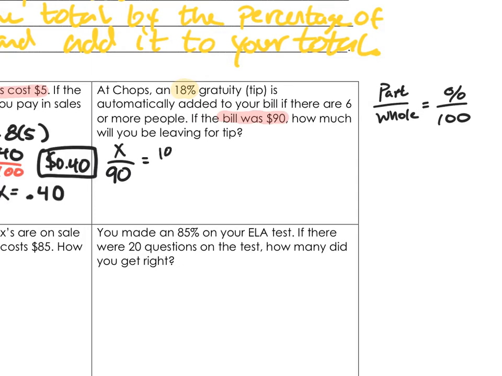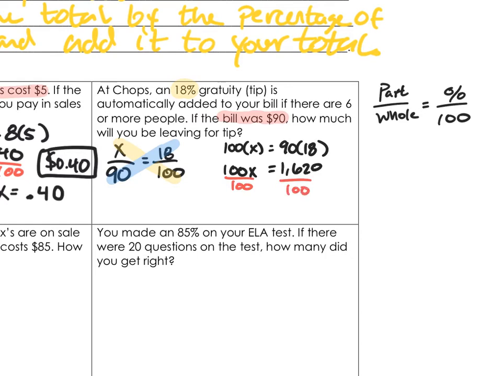So it would be 18 over 100. Okay? Then, just like before, you would cross multiply this. So you would get 100 times X is equal to 90 times 18. 100x is equal to 90 times 18 gives you 1,620.